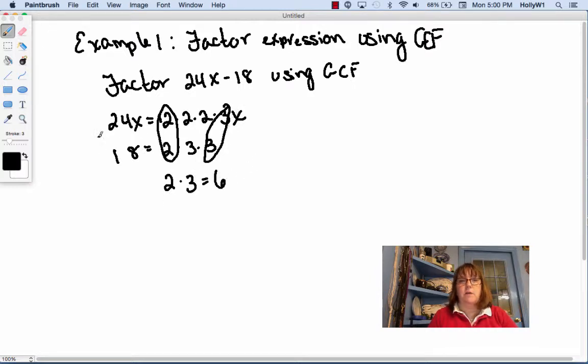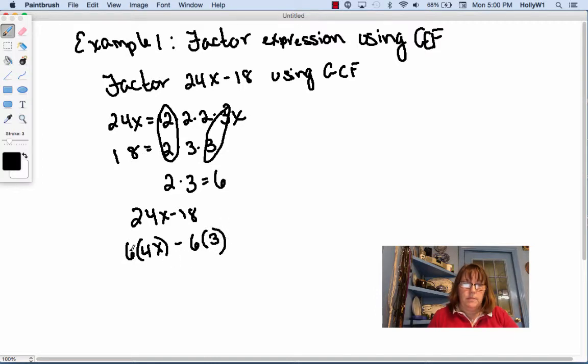Our greatest common factor in these numbers is 6. So we can rewrite our expression 24x minus 18 as 6 times 4x minus 6 times 3, because 6 times 4x is 24x and 6 times 3 is 18.